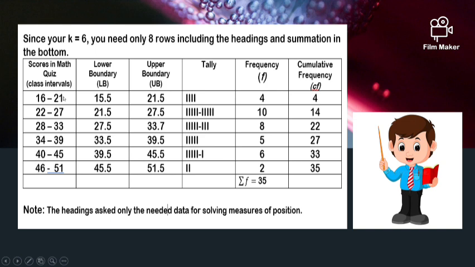Now, you're ready to write your upper limits. Simple. Your upper limit is the number before the next lower limit. What is the number before 22? You can have 21. What is the number before 28? You can have 27. What is the number before 34? You can have 33. The number before 40 is 39. And the number before 46 is 45.